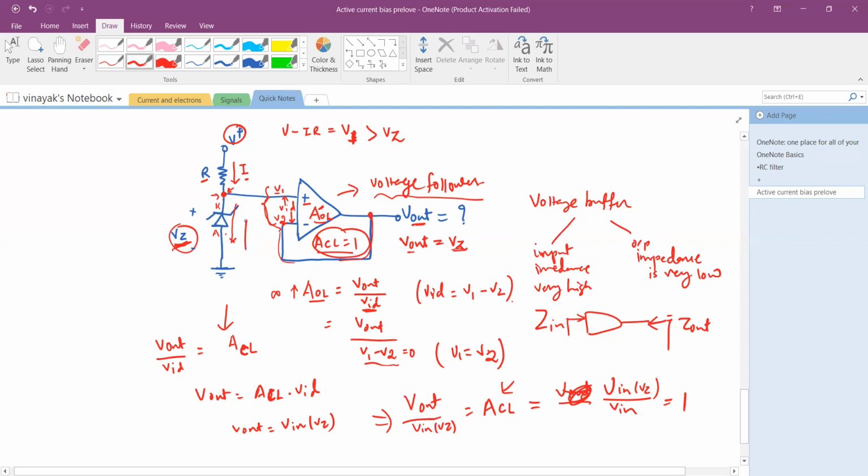So it means the Z in of the circuit is very high and Z out of the circuit is very low. Input impedance Z in is very high, which means we require a very low current to drive this circuit. And output impedance is very low, which means the output of the op-amp has the capability to drive any amount of load, or a load requiring any amount of current.